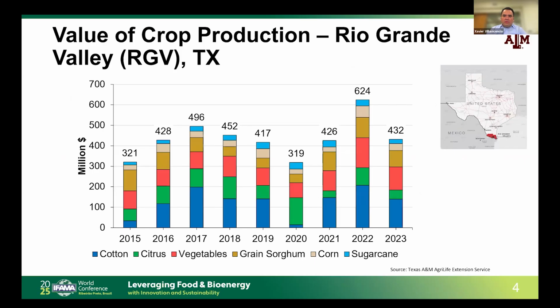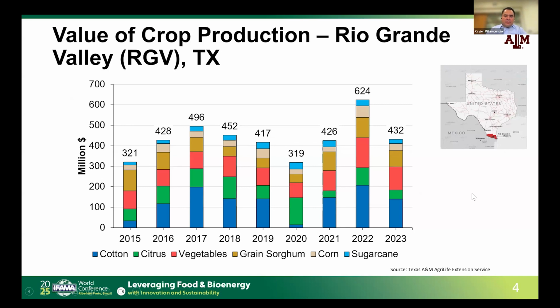First, I want to talk about this area, South Texas, also known as the Rio Grande Valley. This is a strip of about 100 miles that goes from Rio Grande City to the city of Brownsville in the Gulf of Mexico.